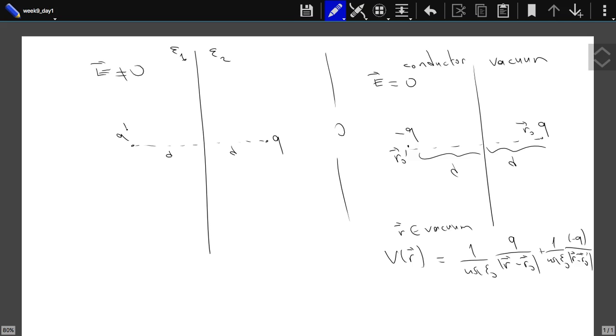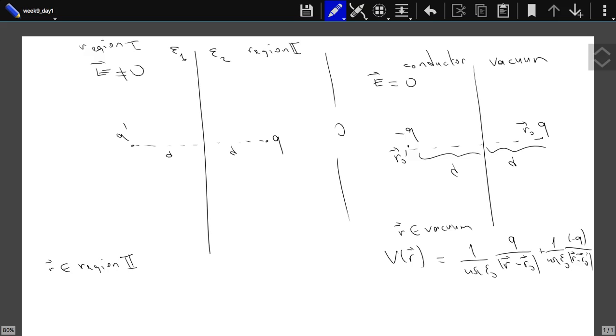So if the point is in dielectric 2, in region 2, and this is region 1, then for a point in region 2, these bound charges on the dielectric just behave as if there is another charge on the other side.